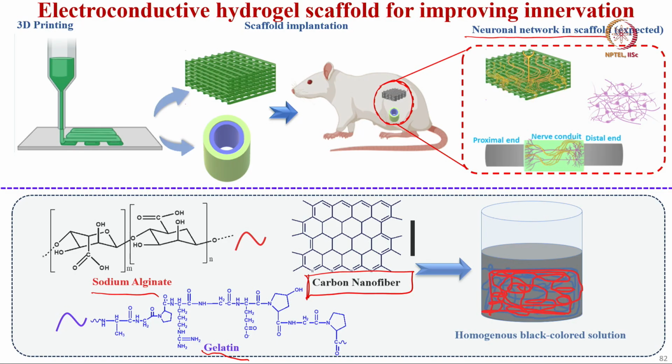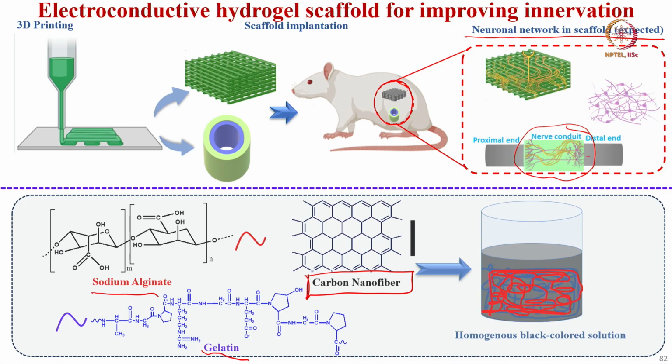We expect the neuronal network in the scaffold, so that if we implant it in a cylindrical conduit structure, then whether it will aid in bridging the gap between the proximal and distal ends of these nerve conduit structures, right. So, whether innervation is possible.